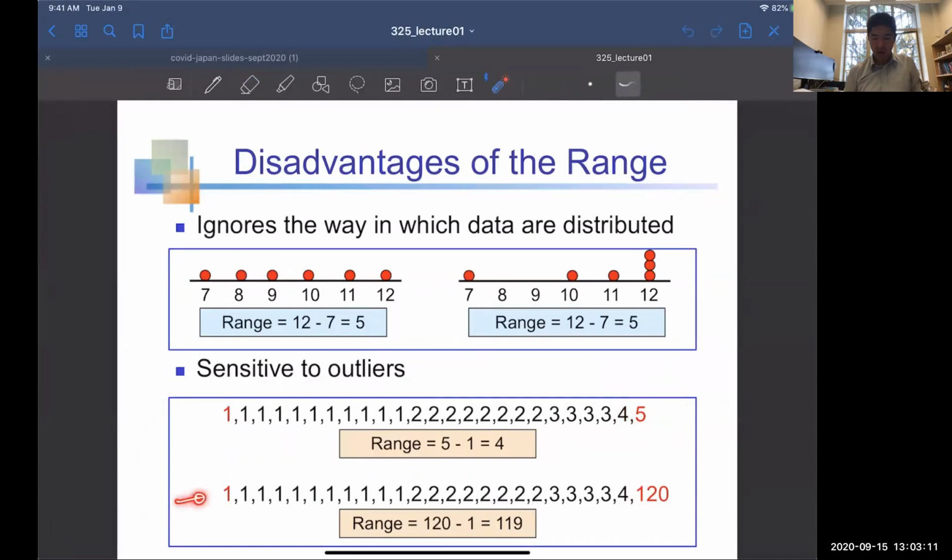But second data set, it's almost identical except for the last value, if the last value is 120. Then the range you're going to compute is going to be very, very different. So range is, again, very sensitive to the outlier, and then you have to be careful because sometimes the data has a miscoding, and other times inherently there are some small fraction of the observation taking very high value, and that will not provide where the body of the observation lie.